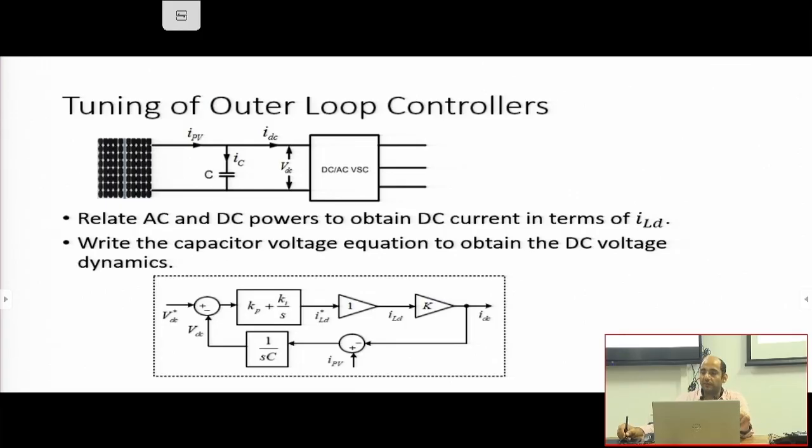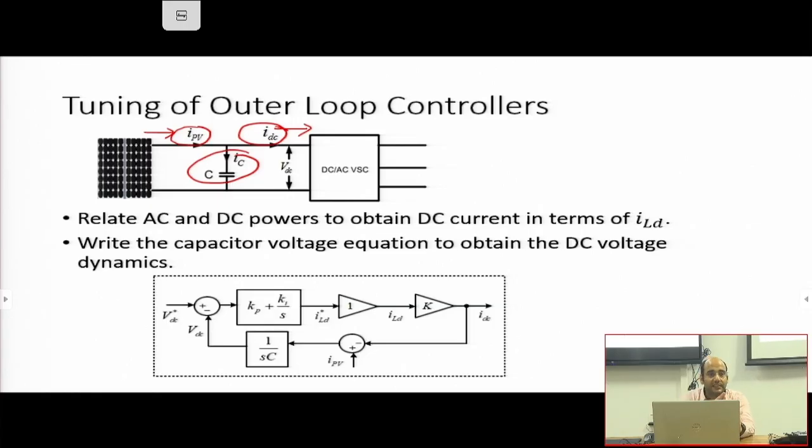For example, if you have a system like this, you have a PV, you have a capacitor, and you have an inverter. So whatever is the PV current minus whatever is the DC current going, the difference of that current will either charge or discharge the capacitor, and you can write the differential equation of the capacitor voltage, C dV by dt. Very simple. If you can write this differential equation C dV by dt, you need these quantities IPV and IDC.